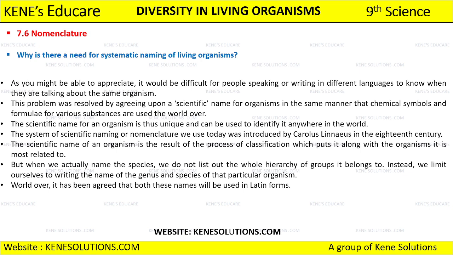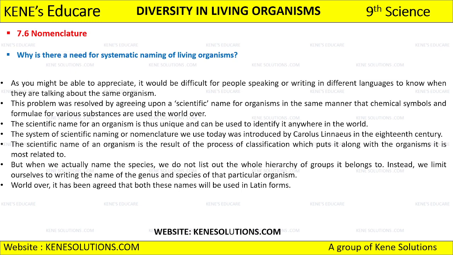Suppose I am in India and I'm taking the name of an organism, let's say a horse. Now if I go to another part of the world and say horse, people will not understand what a horse is, right? So it becomes difficult to know different names, to understand, to speak, and to write them.